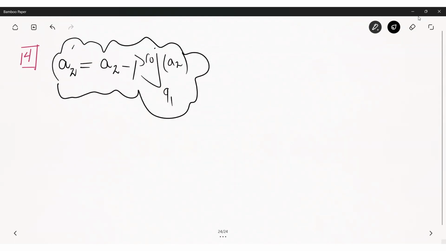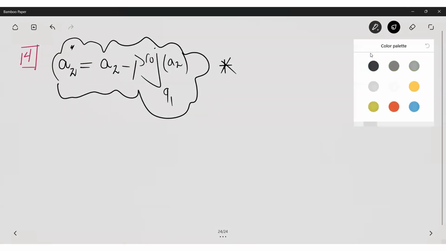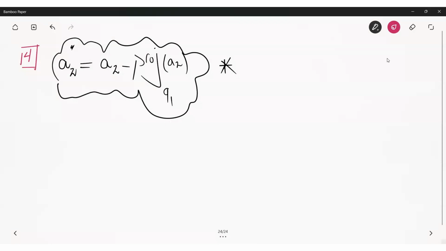This is a very important thing. For example, if our matrix had a third column, we would make the projections of A3 along Q2, which you're going to see what I mean. This is a very important equation. I'm just going to put a star next to that. Now, in order to find the projection, I'm going to write A2 here.